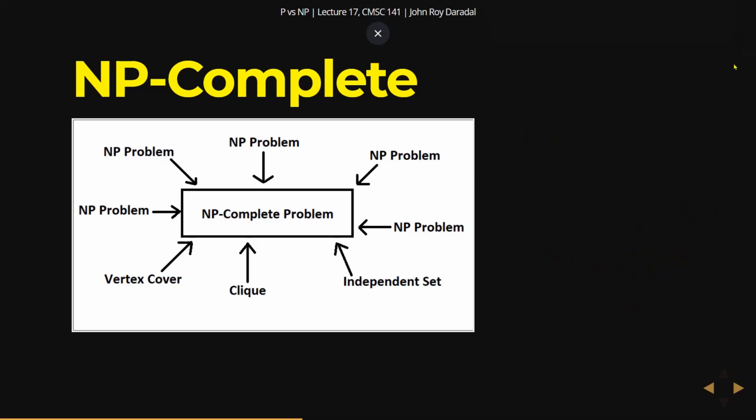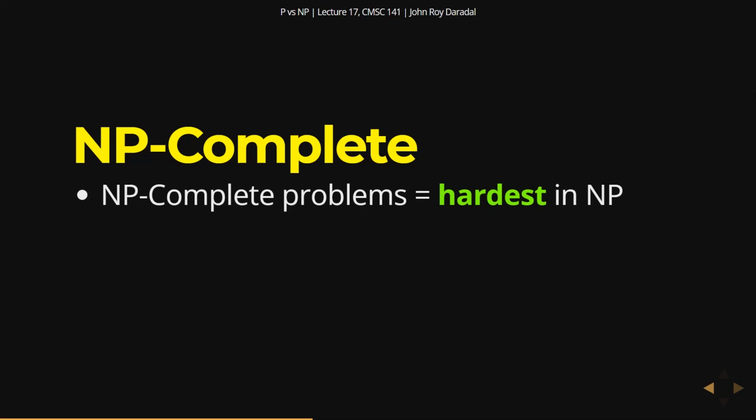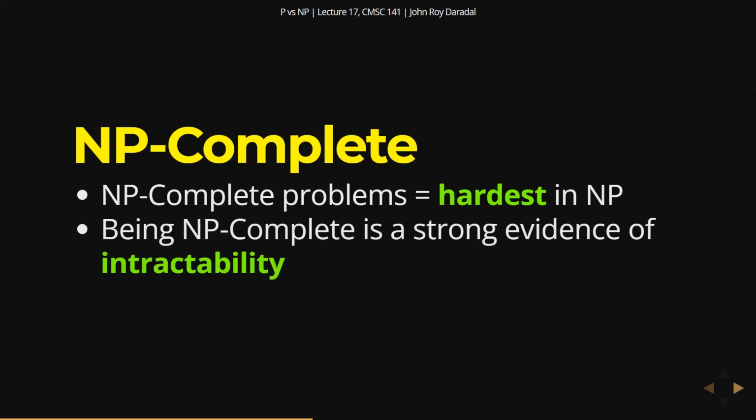So all NP problems can piggyback on the NP-complete problem solution. So NP-complete is the hardest in NP, and being NP-complete is strong evidence of intractability, but it's not automatic. It's still an open question for now.